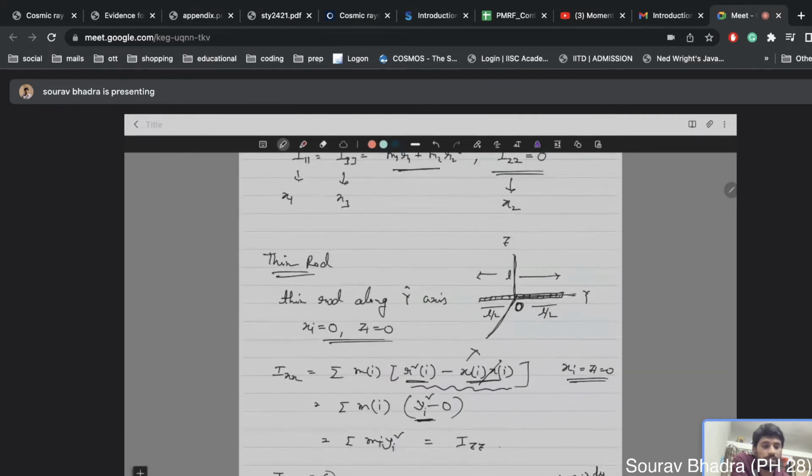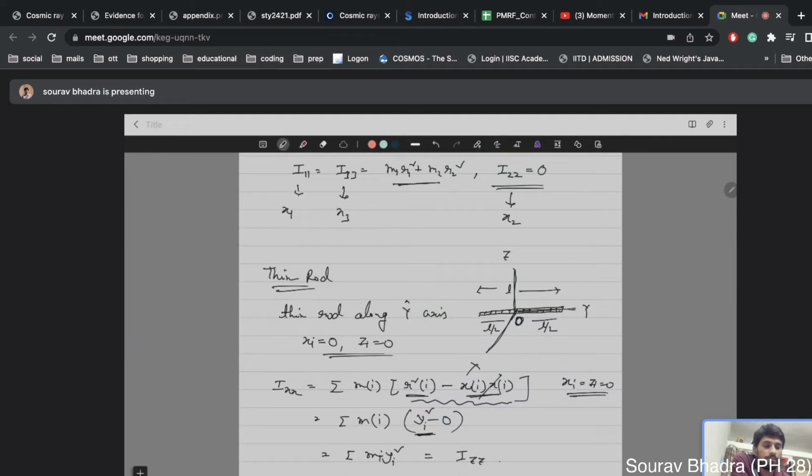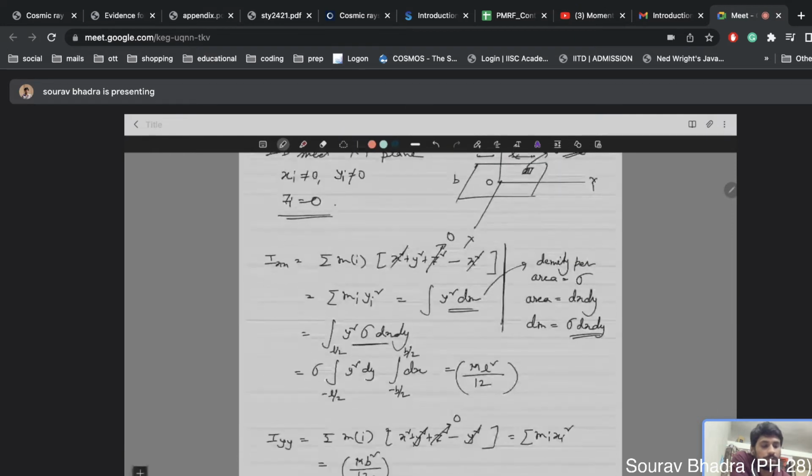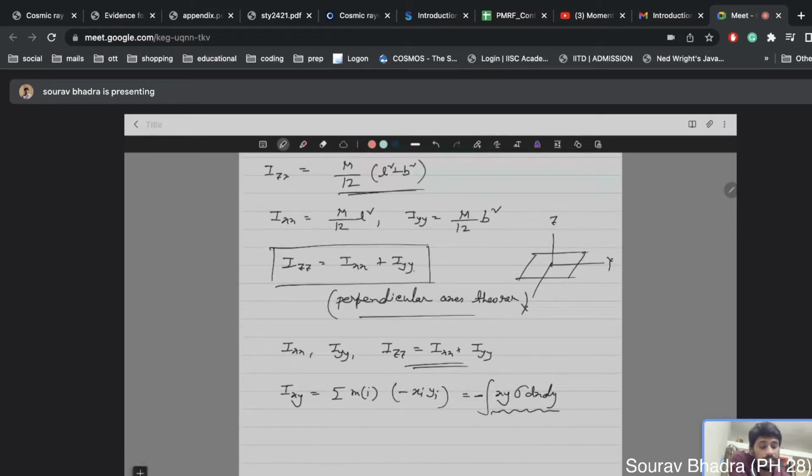So you can say from the system itself that my x and z are 0, that's why all the cross products which have an x and z component are 0. But here you cannot say from the system itself, you have to calculate, and from the symmetry of the body, if you calculate, you will get it 0.